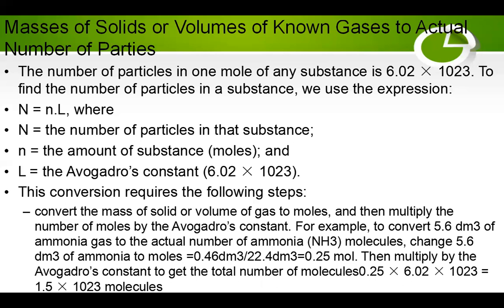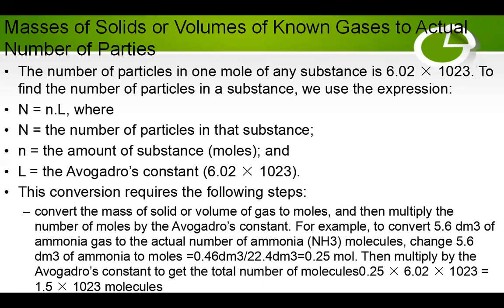For example, to convert 5.6 decimeter cubed of ammonia gas to the actual number of ammonia molecules, first change 5.6 decimeter cubed of ammonia to moles, which will be equal to 5.6 decimeter cubed divided by 22.4 decimeter cubed, which gives 0.25. Then you multiply by the Avogadro's constant to get the total number of molecules.